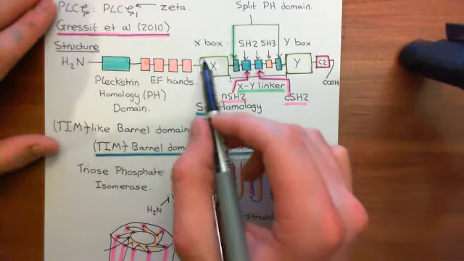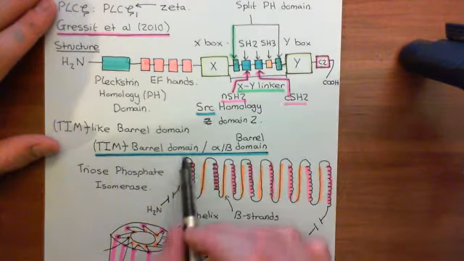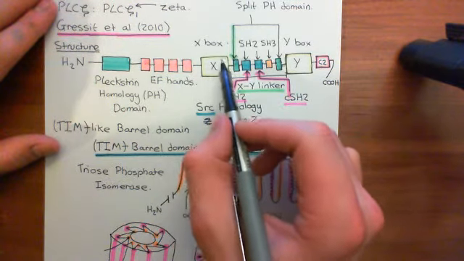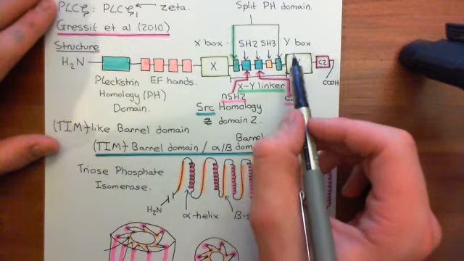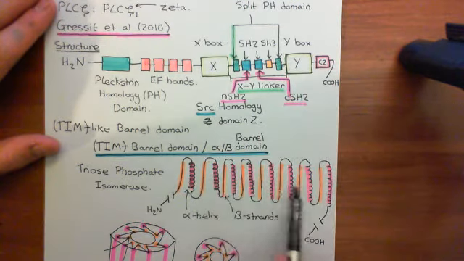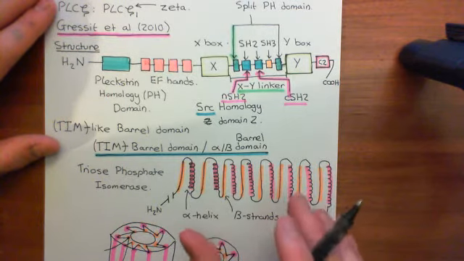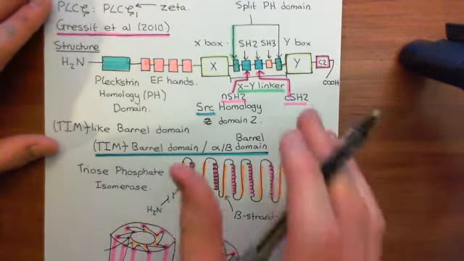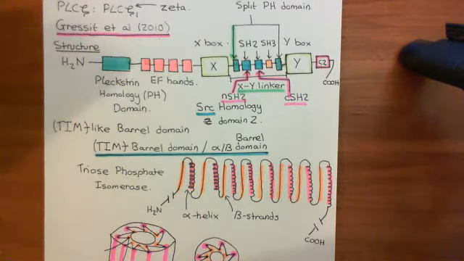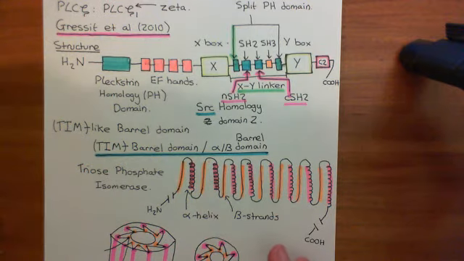But what's going to happen is you're going to have repeats of beta strands and alpha helices within this X box here, and then you're also going to have them within this Y box, and these are going to associate to form at least part of a TIM barrel. So it forms something that's similar to a TIM barrel, and hence it's called a TIM barrel-like domain. Okay, right, so we'll come back to this in the next video.